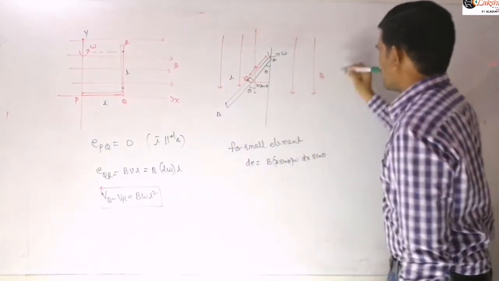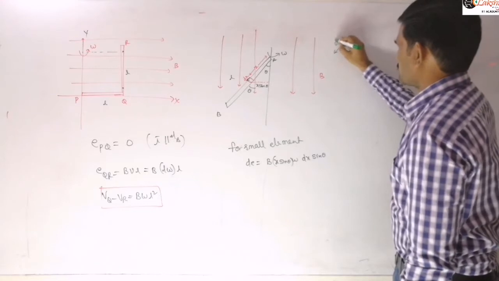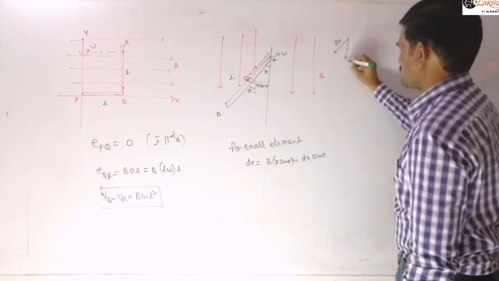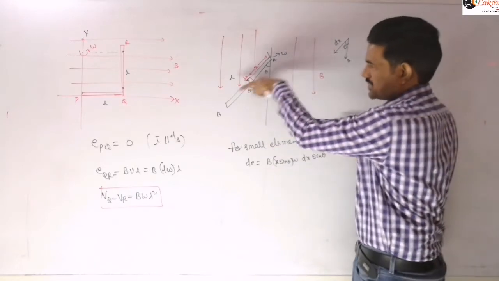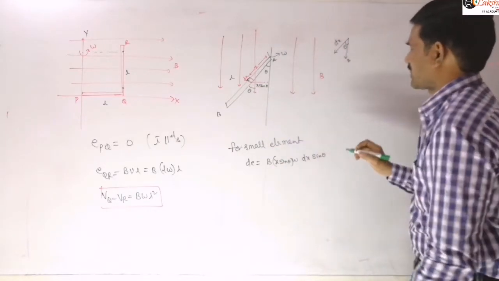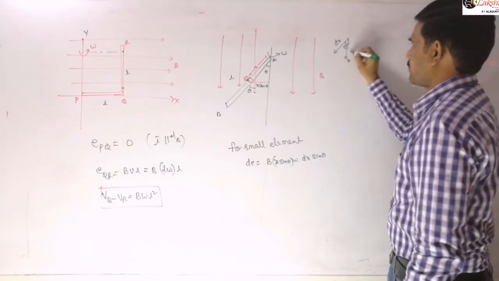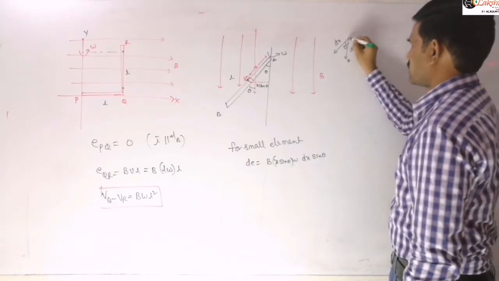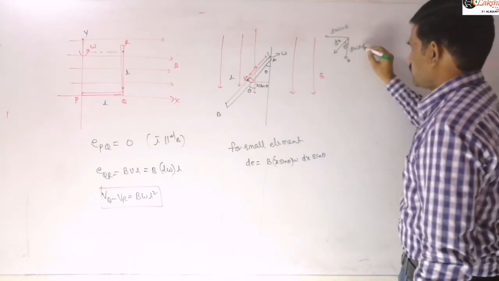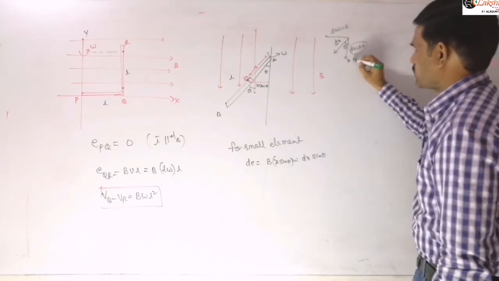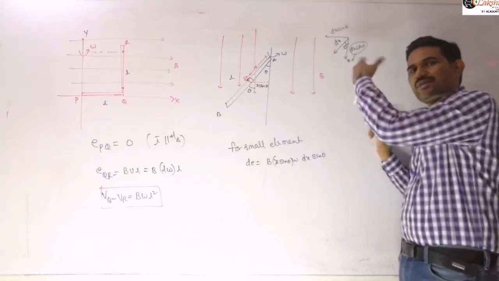So you need to take the components dx cos theta parallel to the field and dx sin theta perpendicular. Due to the parallel component, because these two are parallel, the contribution to the EMF will be 0.